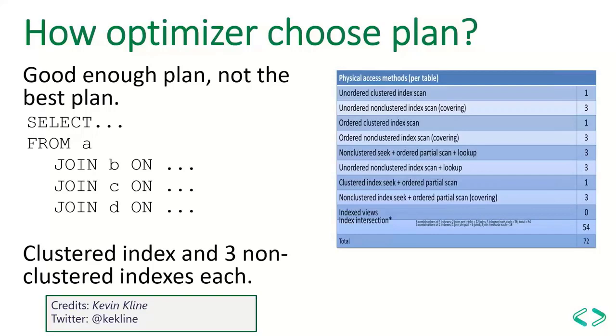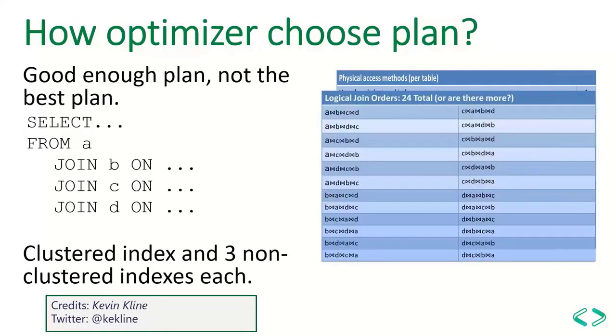Here we have a 4-table join, so 72 times 4, that many physical access methods. That means the optimizer has to choose whether it has to do the clustered index scan or seek, those kinds of physical access methods, 72 per table. On top of it, it has to go ahead and analyze 24 different types of logical join orders just for this very simple select statement.